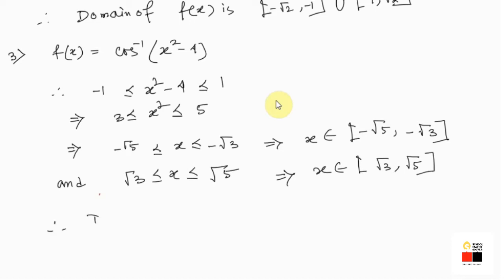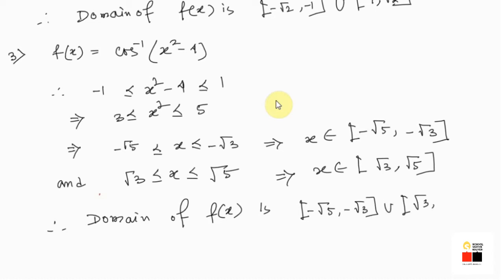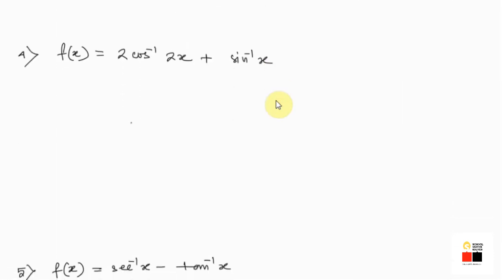Therefore the domain of f(x) is minus root 5 comma minus root 3 union root 3 comma root 5. Next problem is f(x) equals 2 cos inverse 2x plus sin inverse 2x.